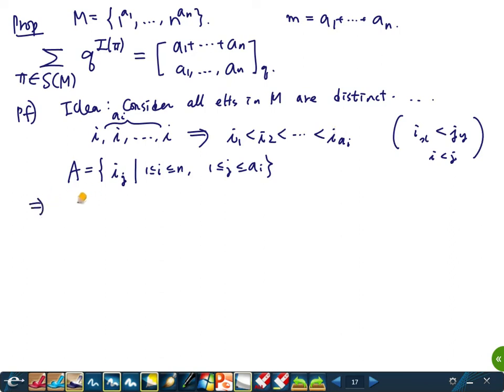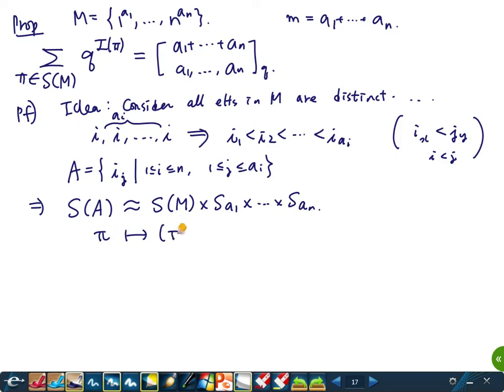Then, what happens is, what is the permutation of this? Permutation of the elements here. Let me write this way. This is almost identical with this: S_M times S_{a_1} times ... S_{a_n}, where we identify pi with pi_0, pi_1, ..., pi_n.